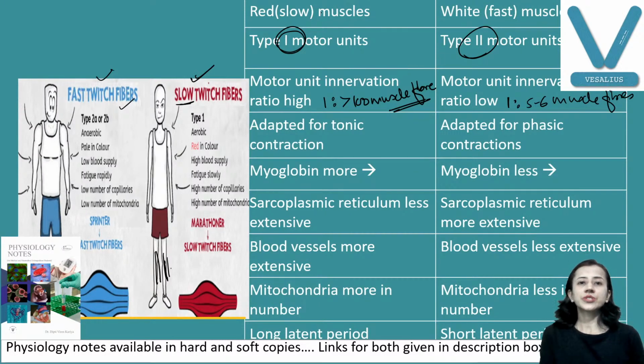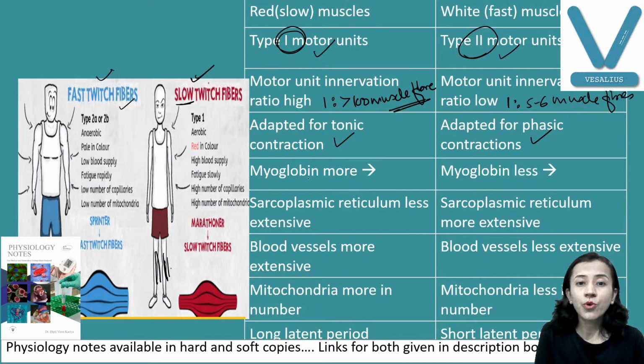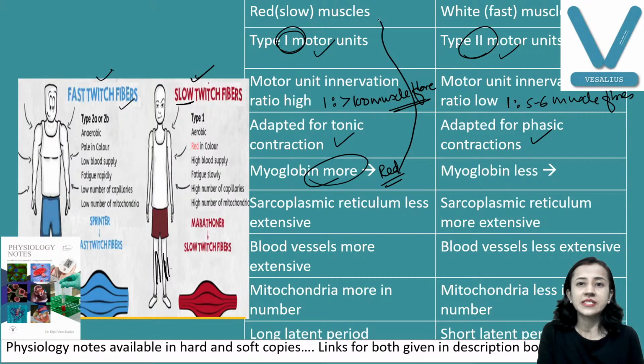So this is red slow muscle fibers or type 1 motor units, and this is type 2 motor units. As I told you, red motor units or slow twitch fibers are adaptive for tonic contraction. These are adaptive for phasic, meaning short duration contraction. Here we have more myoglobin, so the muscle fibers are red in color, therefore they are known as red muscles. This has less myoglobin, so it is white in color. Next is sarcoplasmic reticulum.